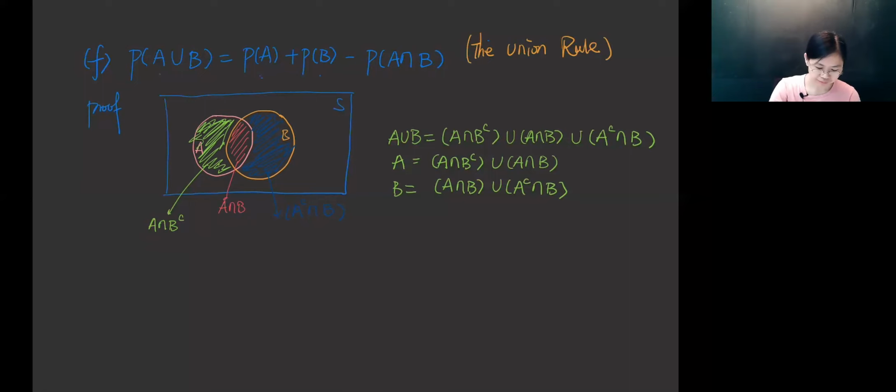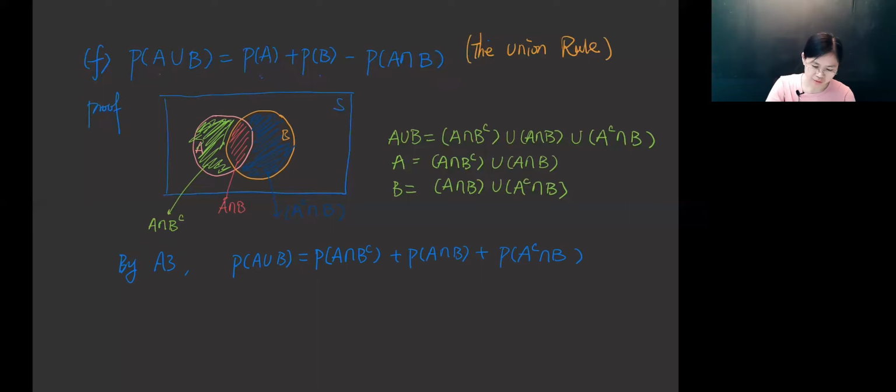Therefore, by axiom 3, P of A union B equals the sum of the probabilities for this partition. Now, this is still not what consequence F is.